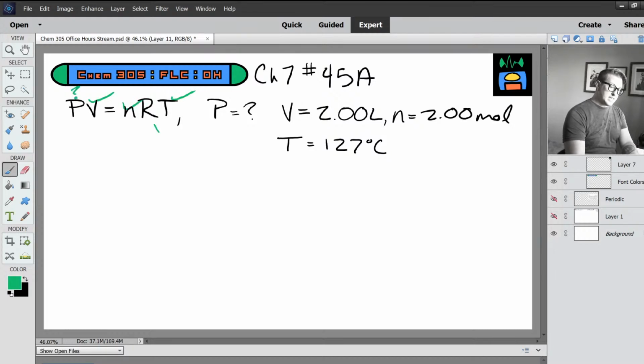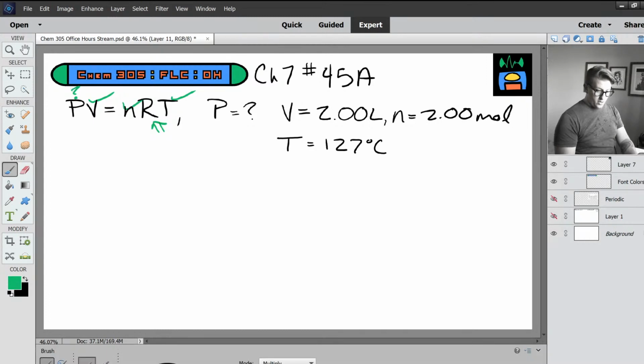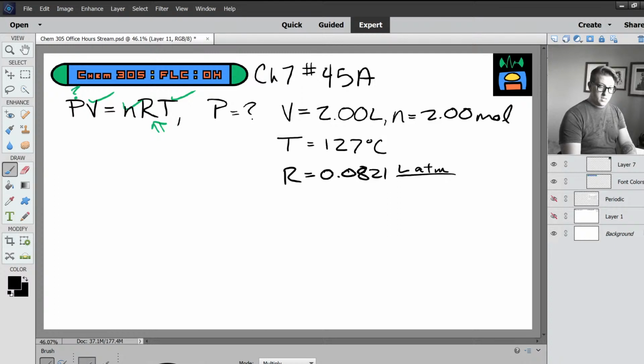They do not explicitly give you, whoa, it's the ugliest arrow that I have ever drawn. They don't explicitly give you R, the ideal gas constant, but R is a constant. It's the same every time. It's 0.0821, and its units are liter atmospheres per mole Kelvin.